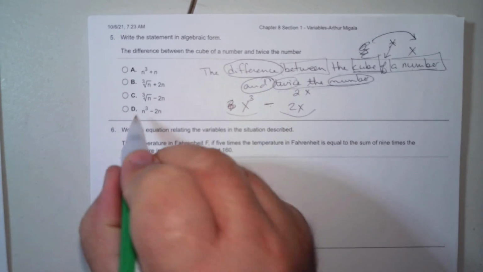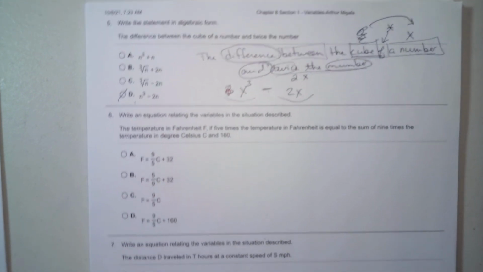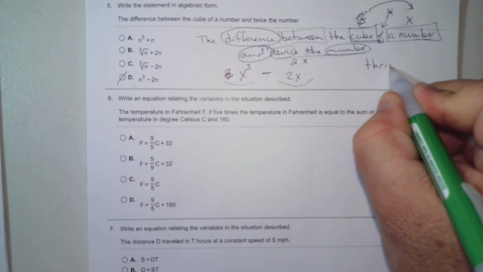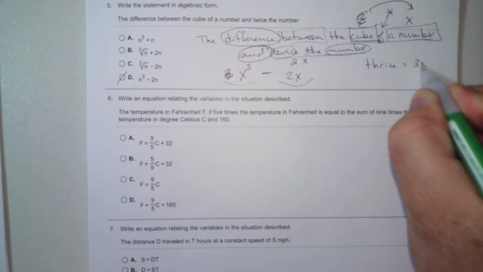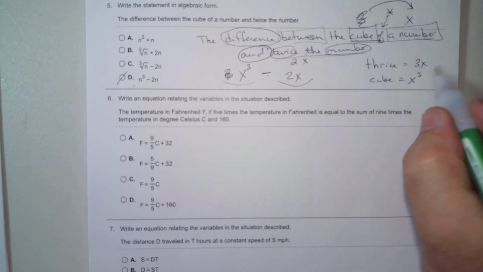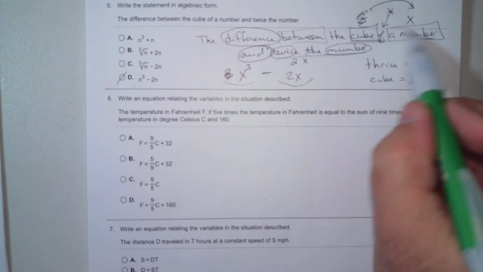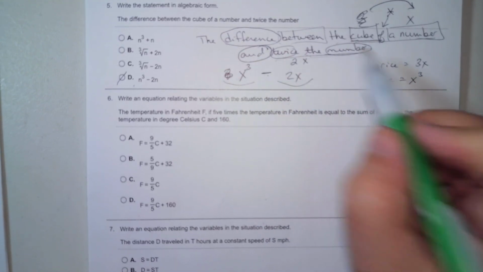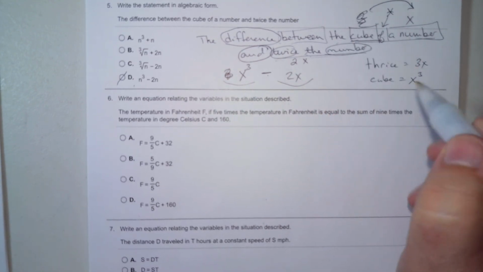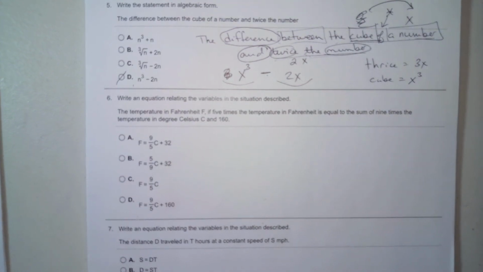So it's D. If it said thrice, then it would be 3 times. But since it said cube, it's my bad, I'm sorry, it means an exponent. If it said square, the square of a number, it's an exponent. A cube is an exponent. So thrice and twice are coefficients. My bad.